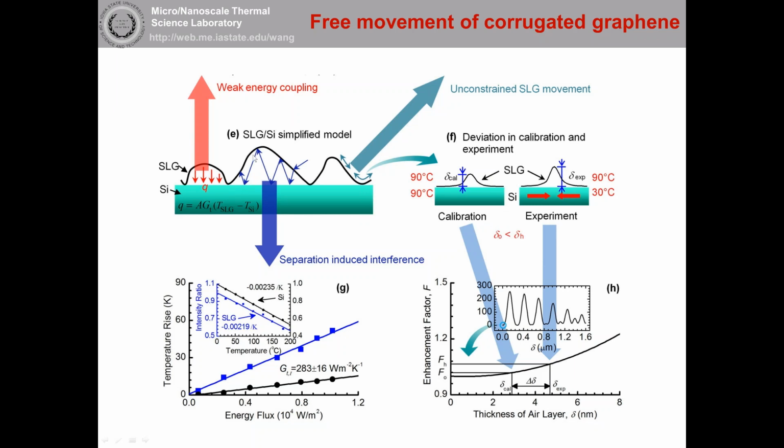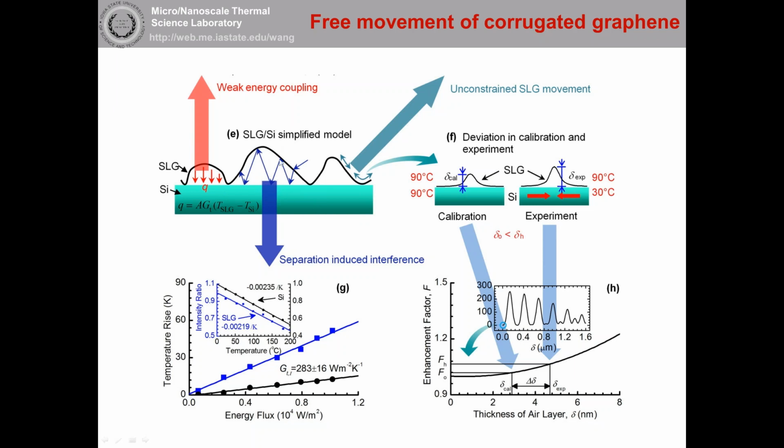For example, if you have silicon and a graphene, and the graphene is kind of curved, then every time the energy comes in, you have multi-reflection before the light is absorbed by the substrate. That means you have interference at the interface.